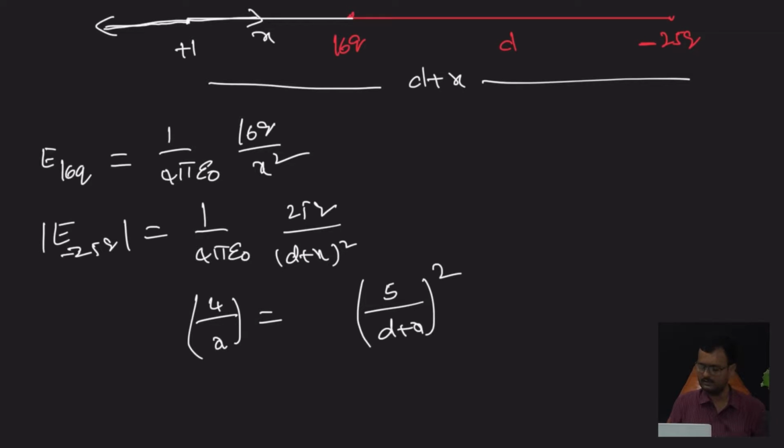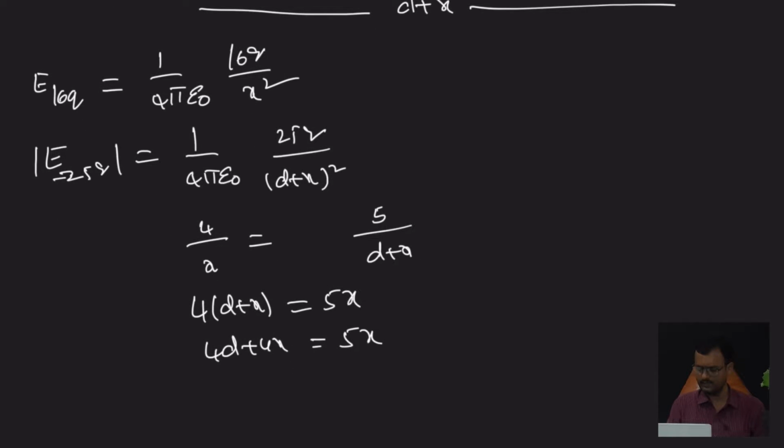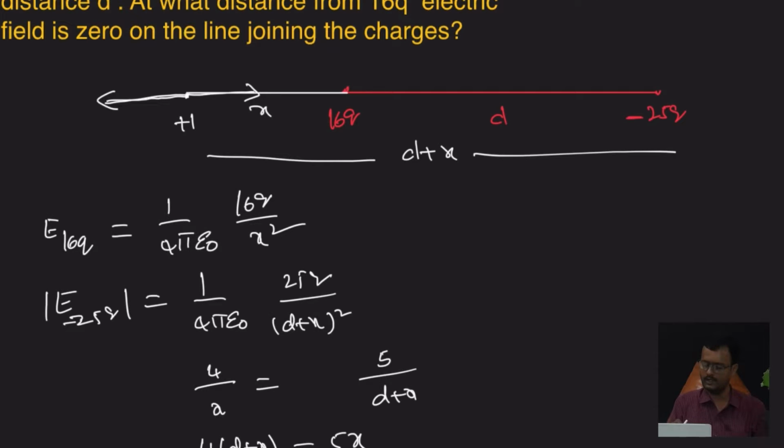The squares cancel. Taking cross multiplication, we get 4 into d plus x equal to 5x, 4d plus 4x is equal to 5x. So 4d is equal to 5x minus 4x, that is x, so x is equal to 4d. So at a distance of 4d from 16q, the electric field intensity is 0.